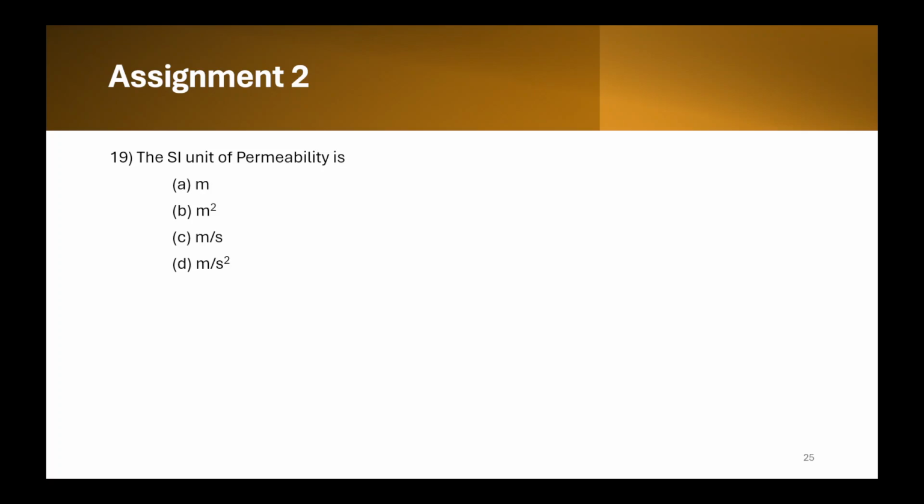Next question. The SI unit of permeability is. We had seen the expression earlier for the Darcy law, the relation. So Q is equal to minus k A delta P by mu L. We need to find out the SI unit of permeability.